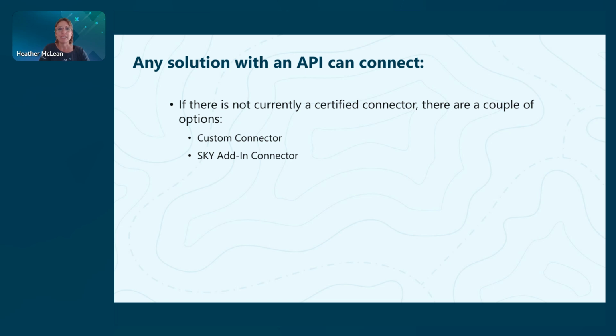It's really a utility connector called the Sky Add-in connector. We're going to be working with that over the next couple of days. The Sky Add-in connector has a particular action called the send HTTP request action that allows you to call any Sky API, so any Blackbaud API other than payments, to connect to. So there's lots of opportunity to find ways to connect your data into the ecosystem.